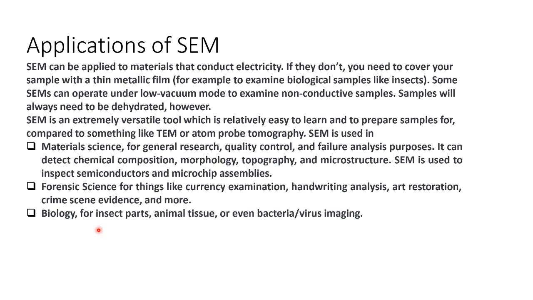In the field of material science, SEM is used for detection of chemical composition, morphology, topography, and microstructure. SEM is used to inspect semiconductors and microchip assemblies also. Then in forensic science, it is used in currency examination, handwriting analysis, art restoration, etc. And in biology, insect parts, animal tissue, or even bacteria and viruses can be imaged in the SEM.